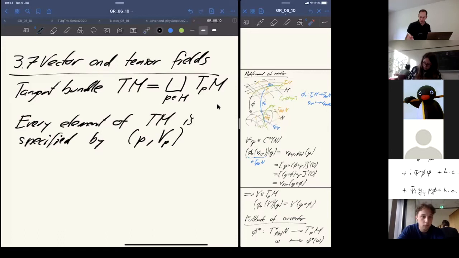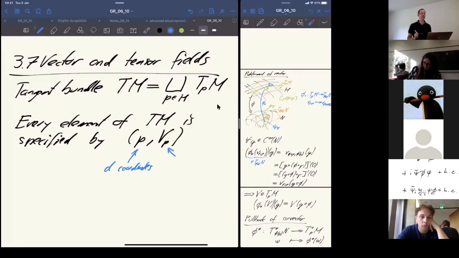And of course, to specify a point, we know in coordinates, we usually need D coordinates. I mean, that's by definition what it means to have a D-dimensional manifold, that we need D coordinates to specify a point.